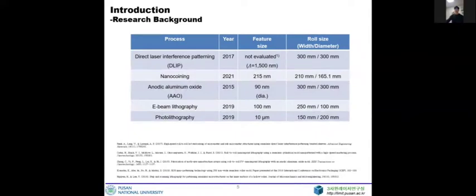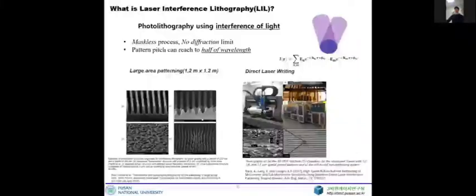For example, direct laser interference patterning showed poor pattern quality, and nanocoining showed fine quality results and faster process speed, but contact between die and cylinder may cause damage to the pattern. And E-beam lithography is too expensive a process for mass production, and photolithography showed only microscale fabrication yet.